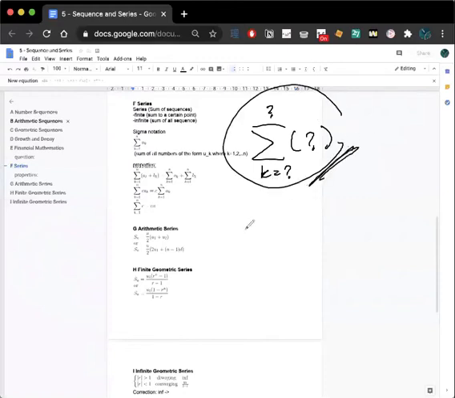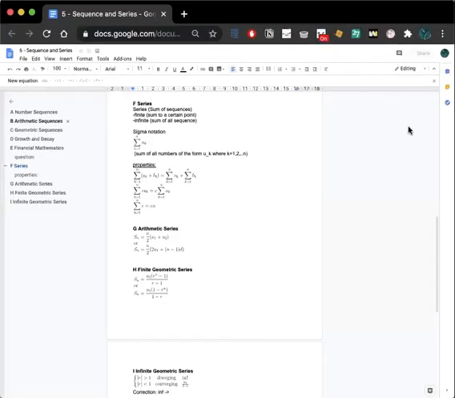But for general writing, it's an effective way to write sums of sequences.